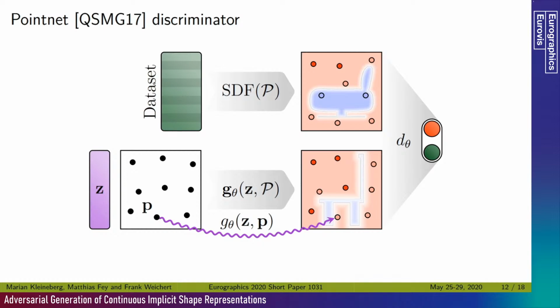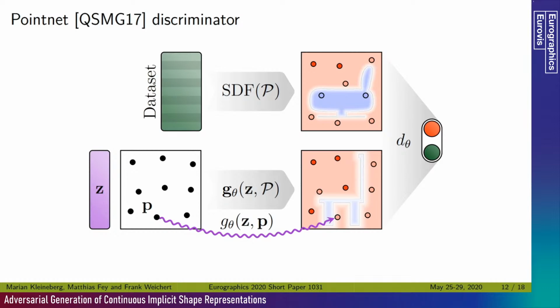So the PointNet takes as an input for each point the position and a feature vector, and in our case the feature is just the SDF. Our dataset also contains uniformly sampled point clouds with the ground truth SDF values for them.